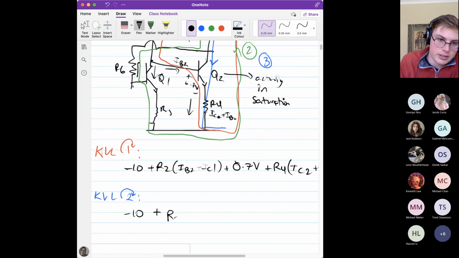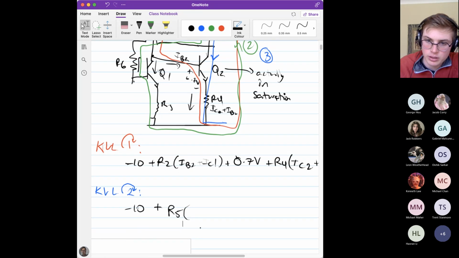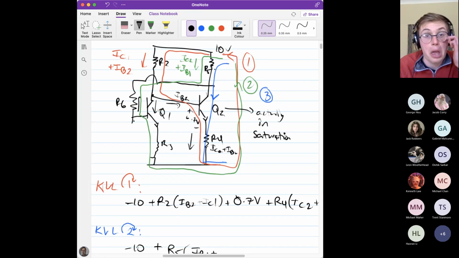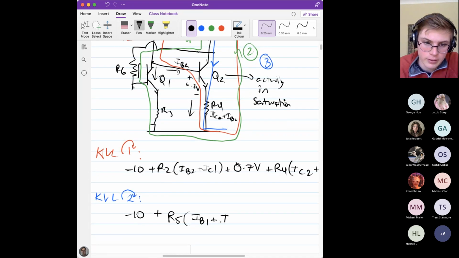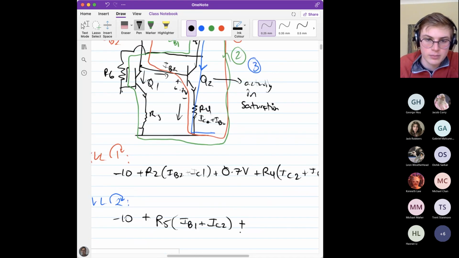So this is R5 into IB1, plus, so this is the green one, IC2, plus this is R6 into IB1.